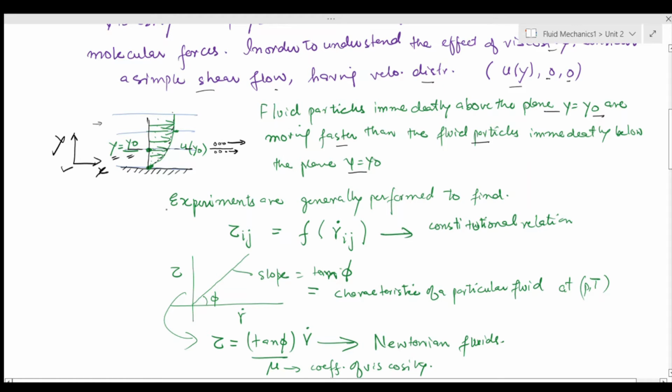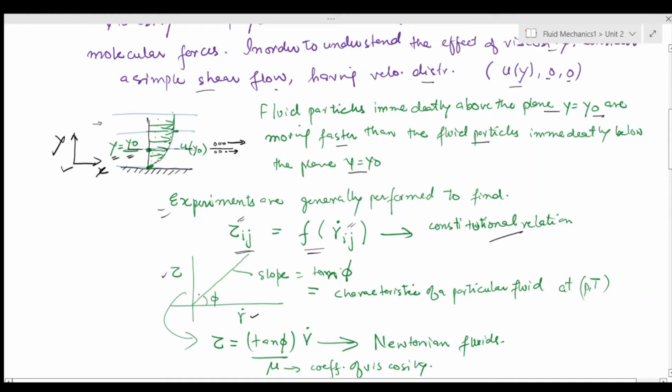Generally, experiments are performed to find this constitutive relationship, that is, how are my stresses related with my strain rates? Let's say for a Newtonian fluid, we would do a similar experiment by changing strain rates and drawing a curve between stress and strain rate.